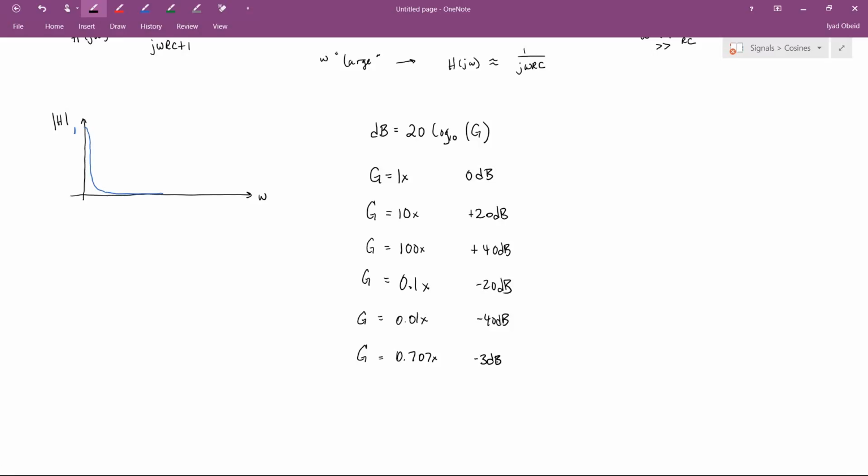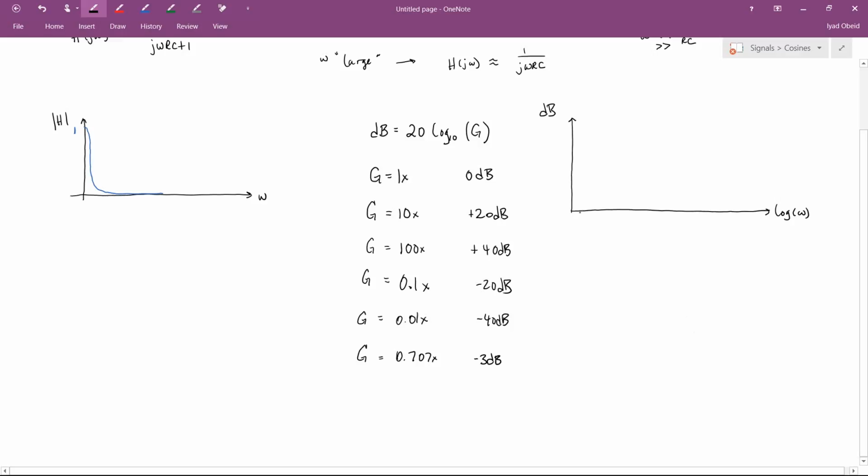So what I'm going to do now is attempt to plot our transfer function again, but instead of plotting it on a log-log axis as I did before, I'm going to do log of frequency on my x-axis, and decibels on my y-axis. First of all, let me start by marking up my x-axis.